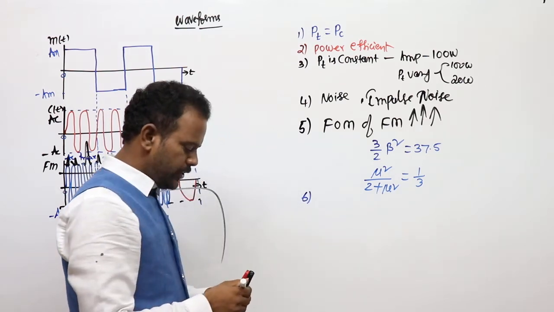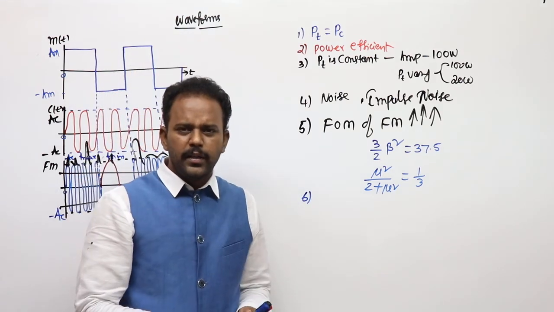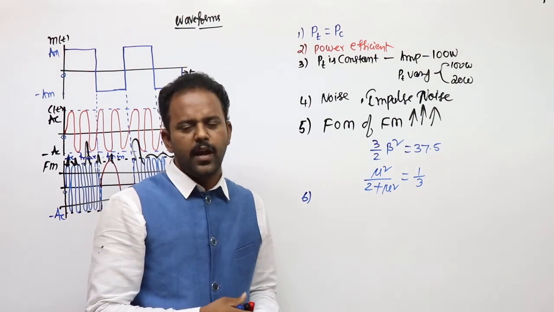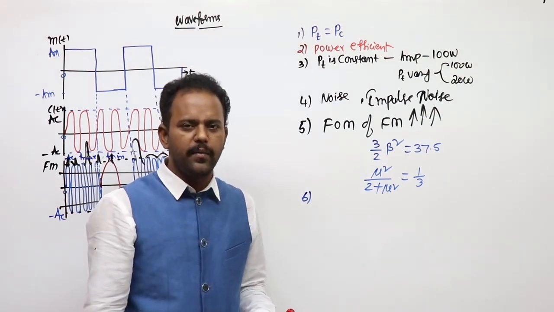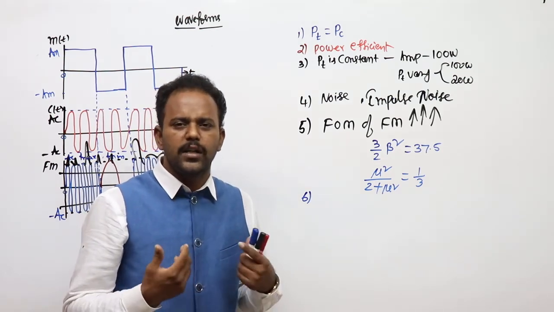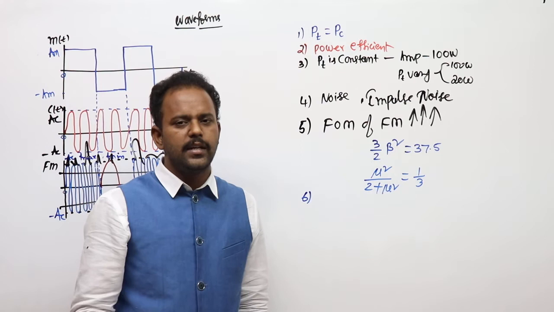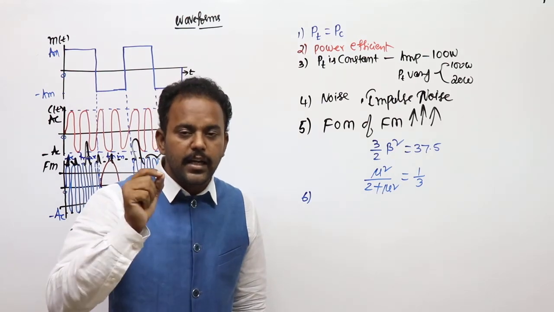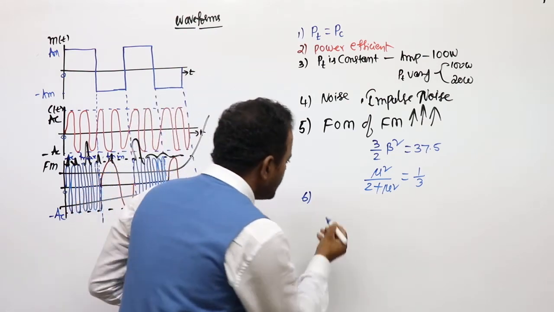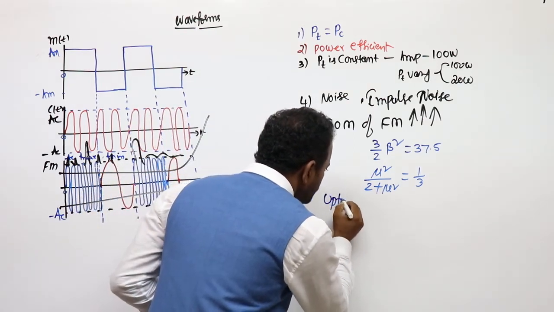Coming to the next point, that is static noise, also called atmospheric noise. What is static or atmospheric noise? It is because of rain, thunderstorms, lightning, all these. This static noise effect will be more severe up to 30 megahertz.